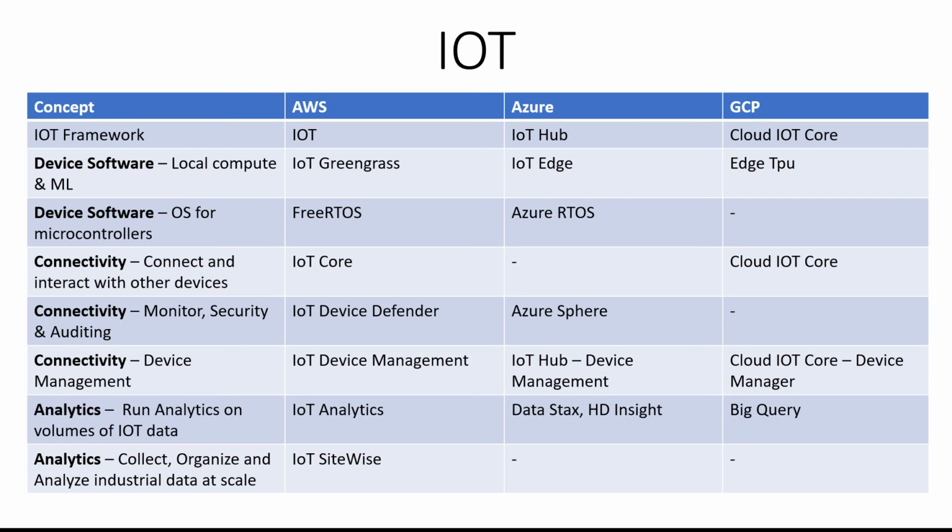It depends on the protocol. That is what this device management area is. You need to understand various protocols, how they work, and how to control a device. These are the various areas you need to understand this better. So in this category, it is AWS IoT device management, next is Azure device management, and here it is Cloud IoT Core Device Manager.